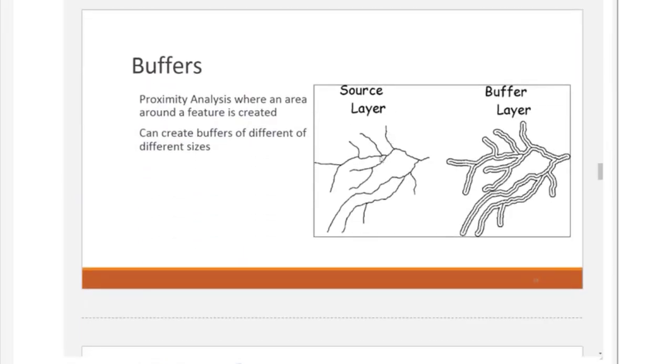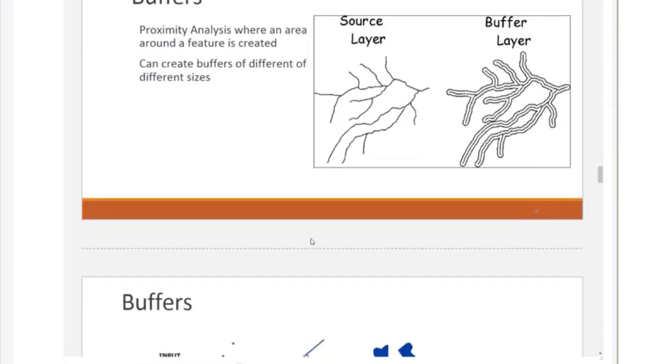Buffer is another tool where we calculate the proximity. That means, let's say we have some roads or streams, and we would like to create some buffer around these roads. Then you have to say how large or how far you want to go from your roads, and then you can create the buffer.